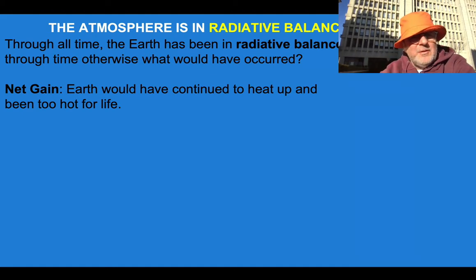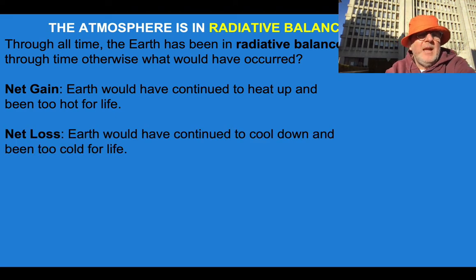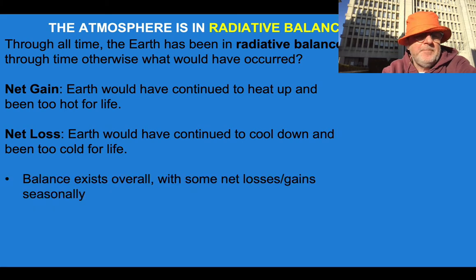If this weren't the case and we had a net gain, the Earth would continue to heat up and it would eventually be too hot for life. If we lost too much heat at night, the Earth would continue to cool down and it would be too cold for life. So we need this radiative balance with some seasonal net losses and gains.